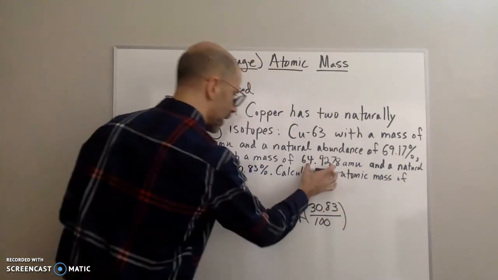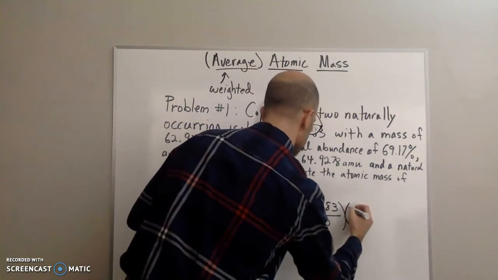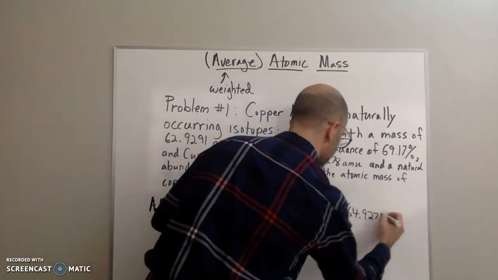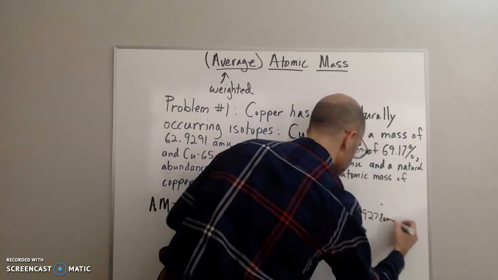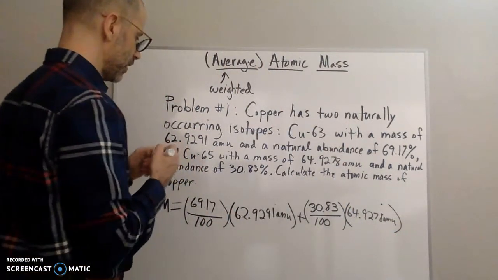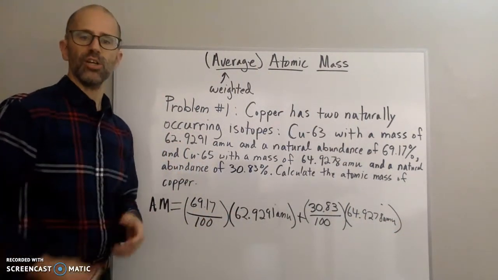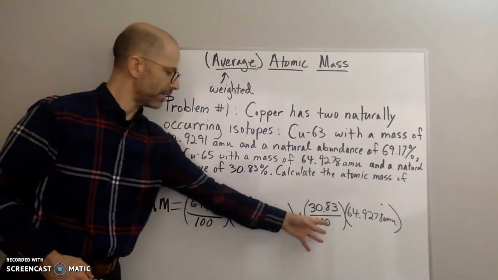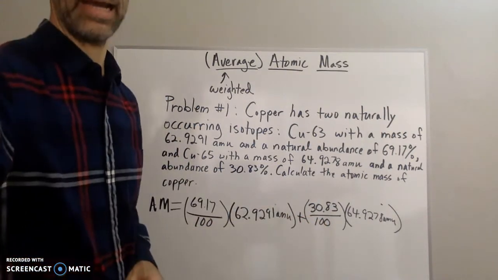So we're going to multiply by this mass, 64.9278 AMU. And that's it. We only have two isotopes. So now all we have to do is multiply, divide, add these together, and we got our answer.